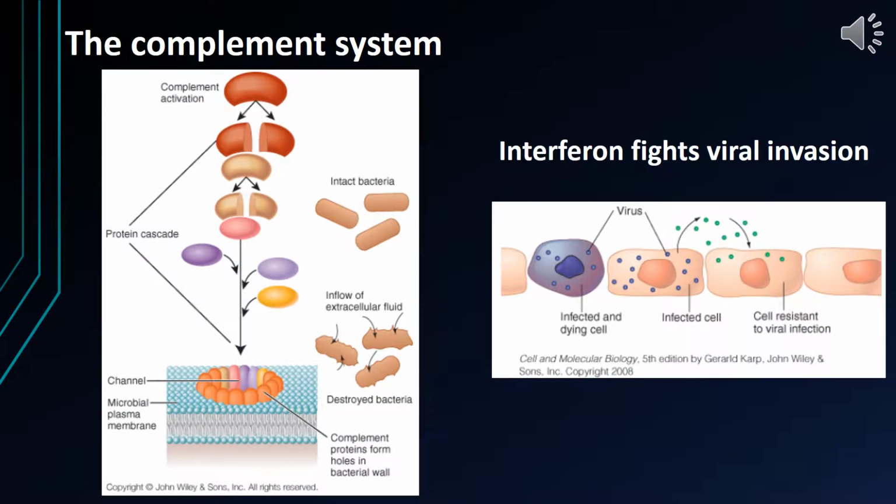The diagram at left shows how the complement system works, and just remember that the complement system is only used against bacteria. But anyway, I'm not going to get too technical with this diagram.